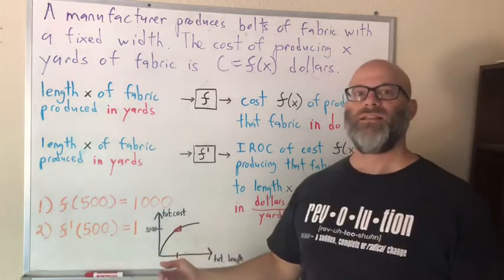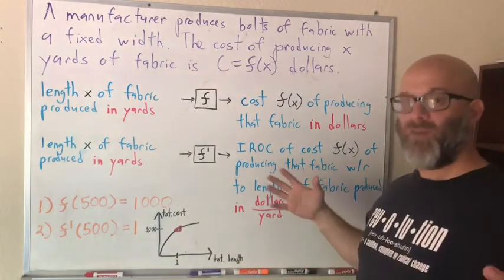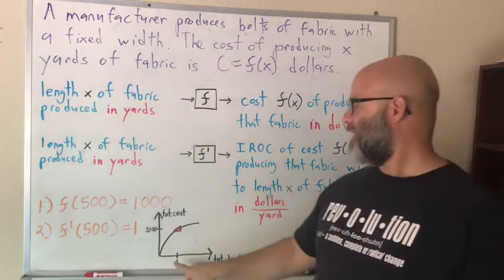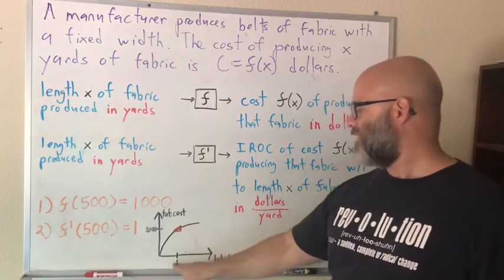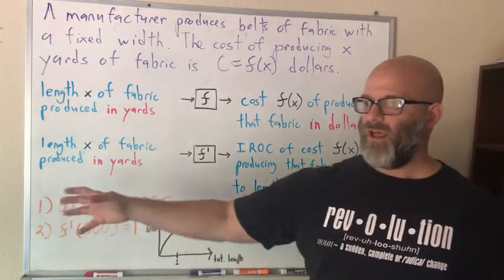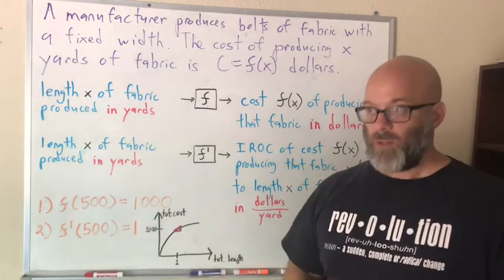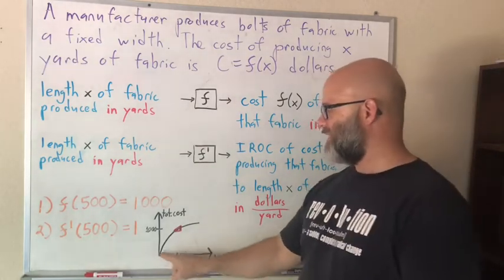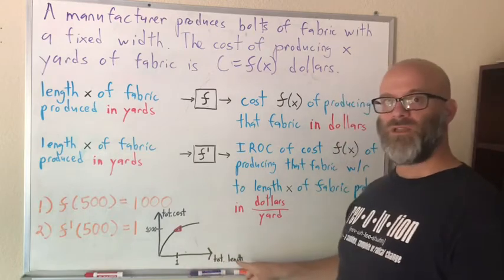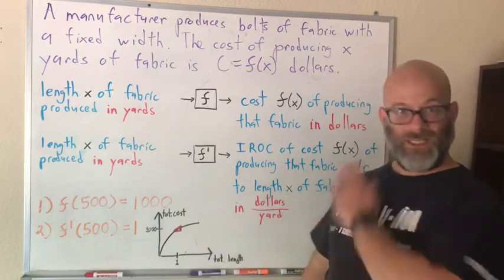What would you expect, at least up to a certain volume of business? And maybe it's going to start down here at 0, 0, but we'll do that for simplicity's sake. As the total length of fabric produced increases, in other words, produce more and more fabric, right? What would you expect the cost to do? Increase linearly, like as the length goes up, the cost goes up linearly?